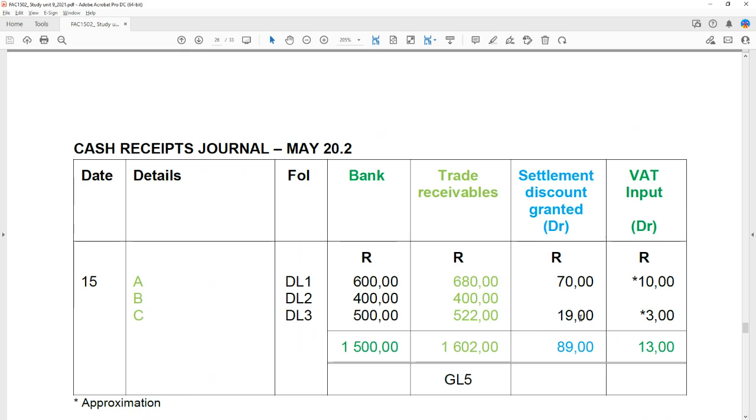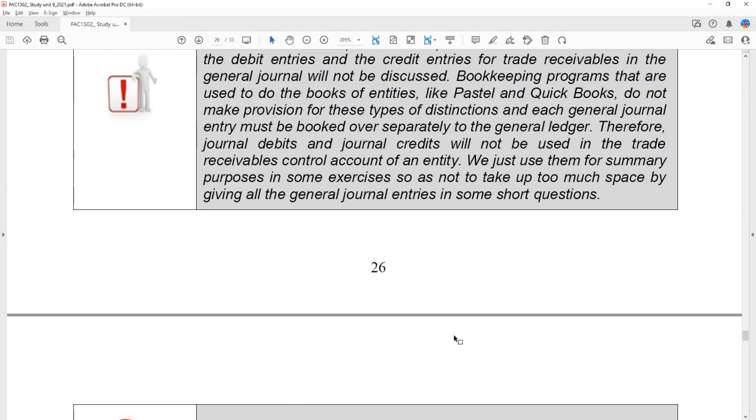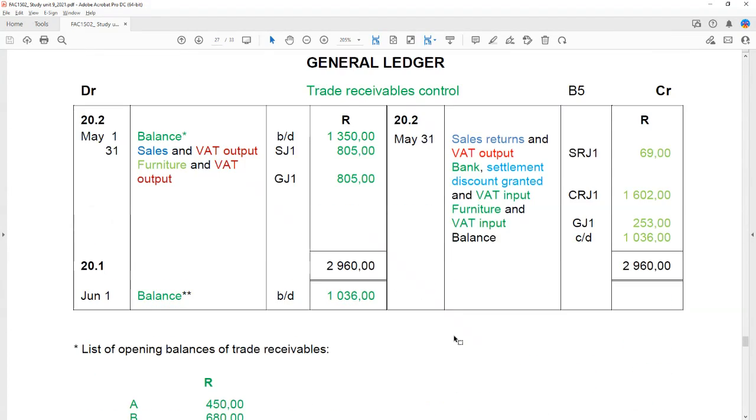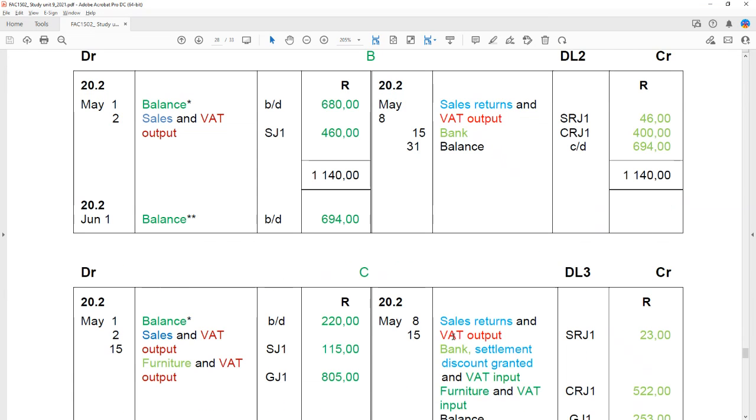Before the 30 days, he paid us and then received his discount of 19, but which then must get that input of 3 Rand, which will make the 22 Rand. So 22 Rand, if you deduct that from the 522, he physically paid us the 500, but he owed us 522. So that we must bring in. It's decreasing his balance. He will decrease on the credit side because it's an asset decrease on the credit side.